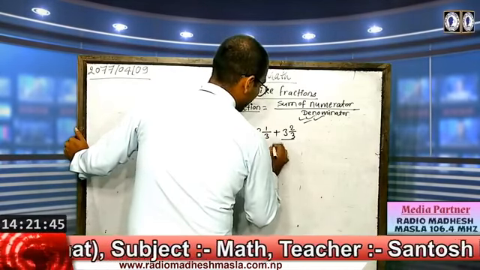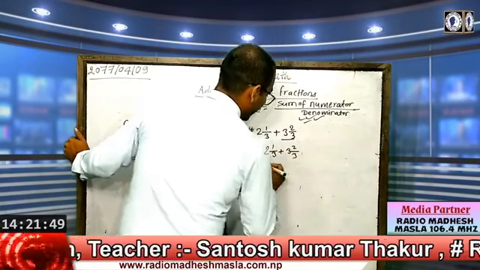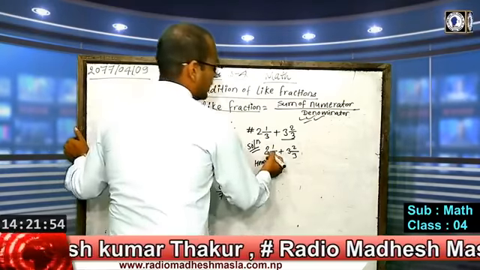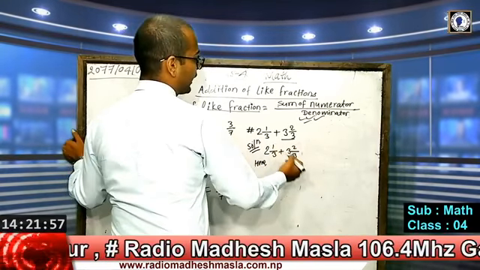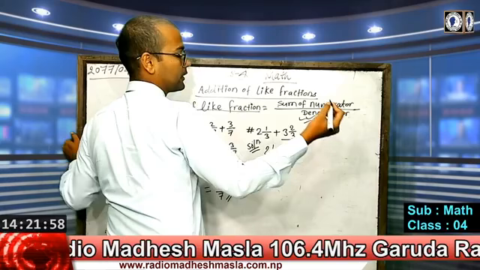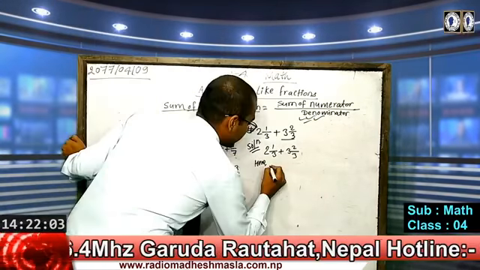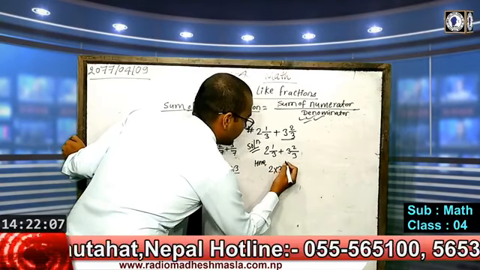2 quotient 1 by 3 plus 3 quotient 2 by 3. To get the improper fraction, we use quotient into divisor plus remainder by divisor. Here quotient is given as 2, divisor is 3, and the remainder is 1.